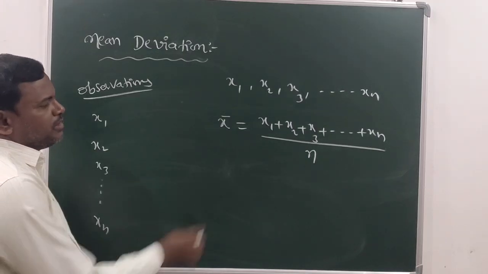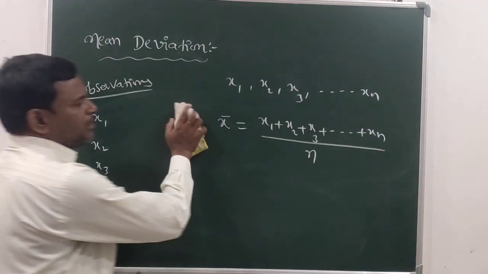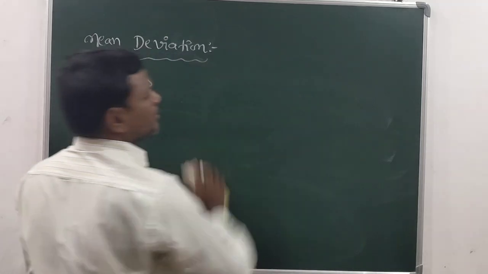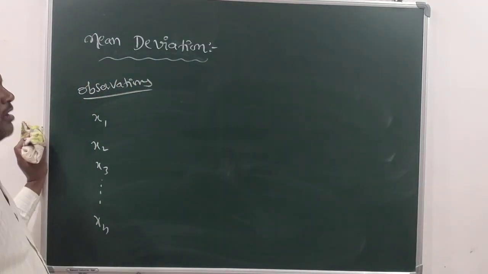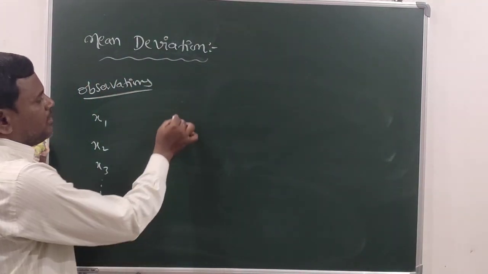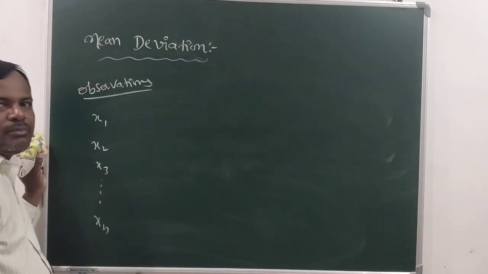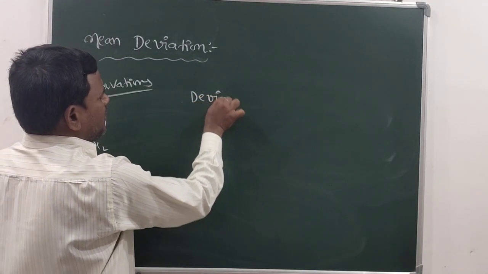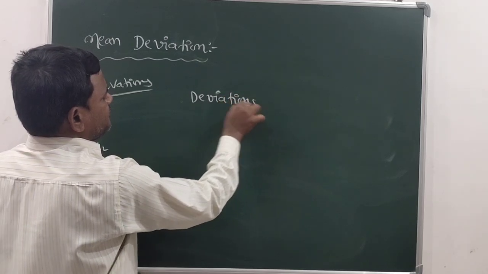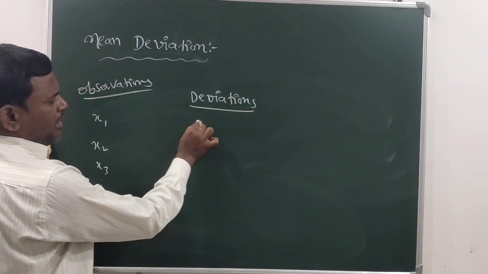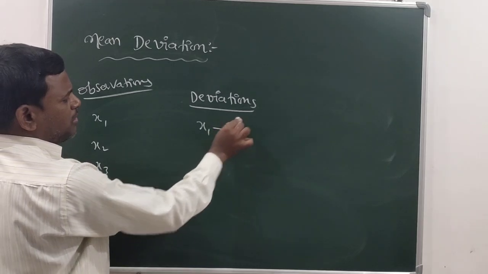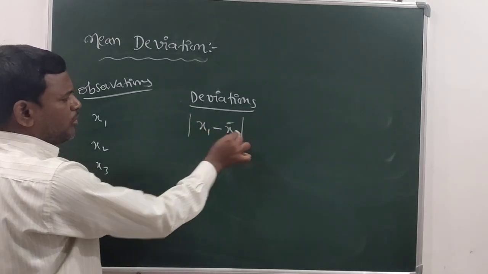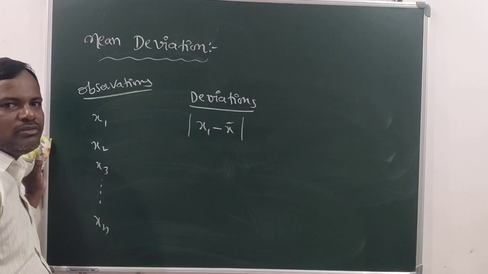Here you have prepared the mean, keep it aside, and prepare these deviations from the mean. x1 minus x bar, put the modulus symbol because you have to take absolute values.